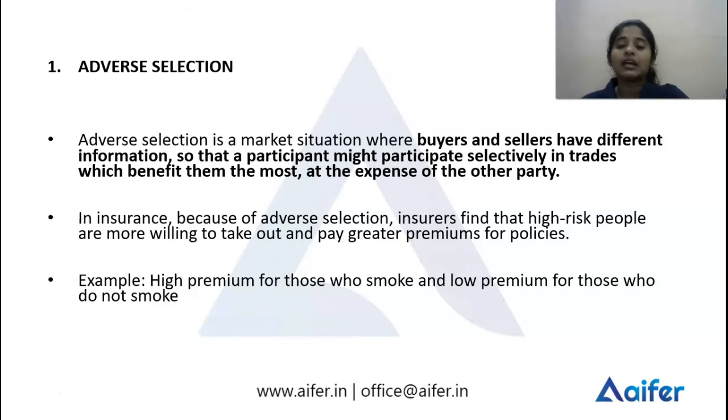There is an example, as you can see: high premium will be charged for those who smoke because they possess huge risks, and low premium for those who do not smoke because they don't have as much risk to their life as compared to that of a smoker. So this is all about adverse selection.